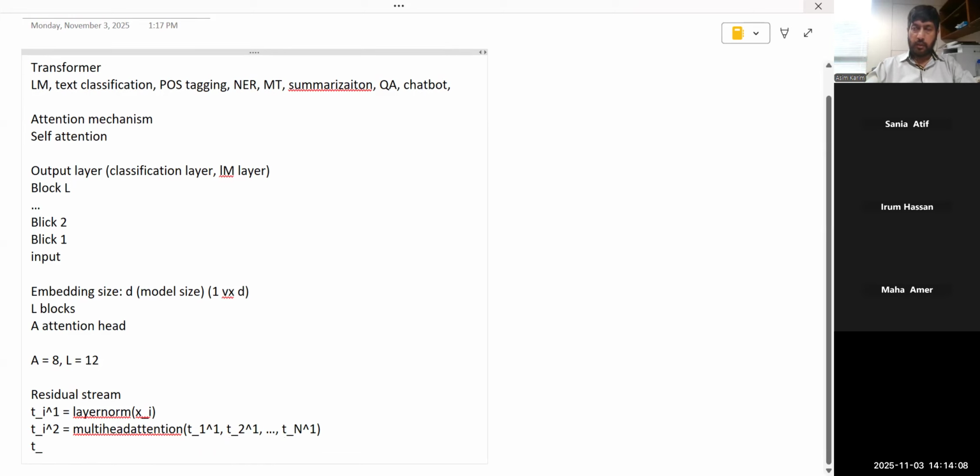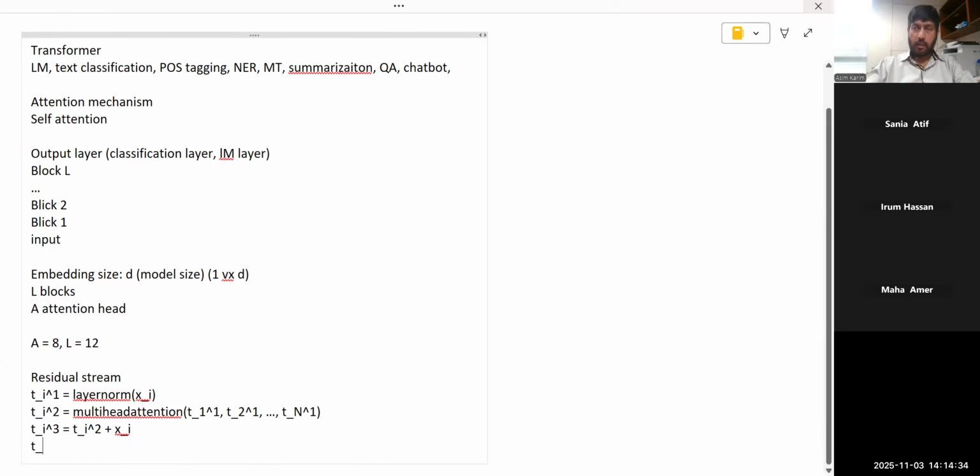And then T3 for a particular token i is basically adding T2 with the original. So this is where you have the residual concept. Ti2 plus xi. So the output of attention, we added xi to it again. And then the fourth component of Ti, we are doing layer norm of Ti4.